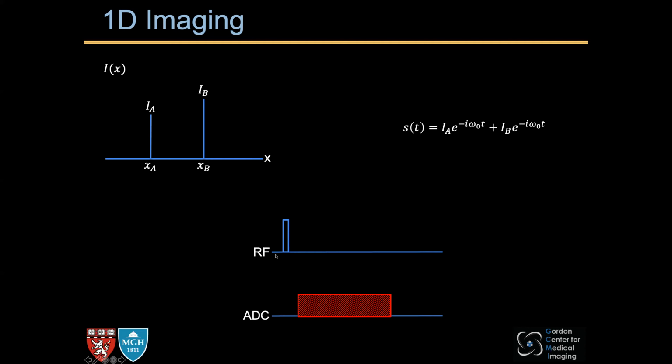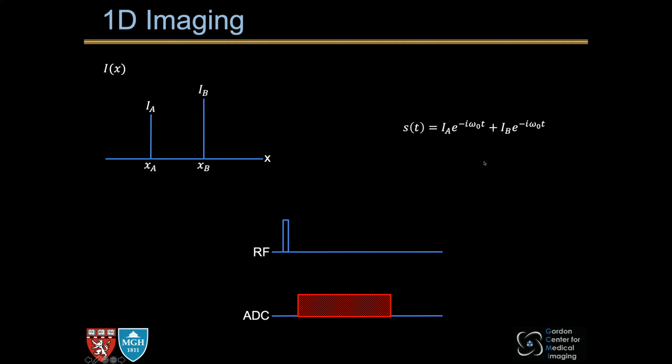First of all, we need to get the signal. So we apply the RF pulse, and then let's try to acquire data directly and see whether we can do something with it. It turns out the received signal is the sum of the signals from these two point sources. They have different intensities, but they have exactly the same resonance frequency, determined by the strength of the main magnetic field.